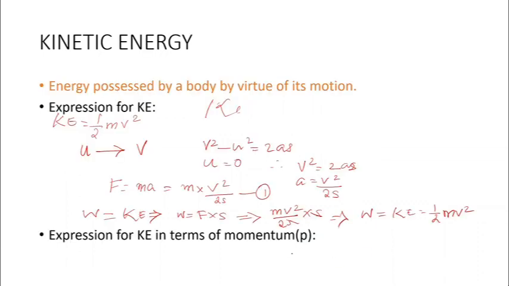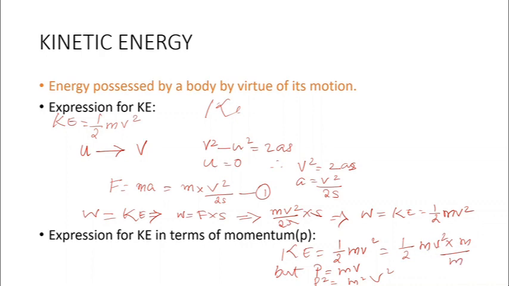See, kinetic energy is half mv square, but we know that momentum p is equal to mv. So p square is m square v square. So we can do one thing. This equation you can multiply and divide by m.